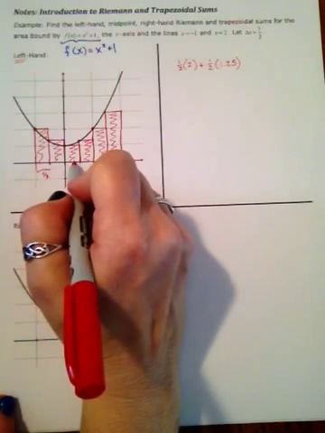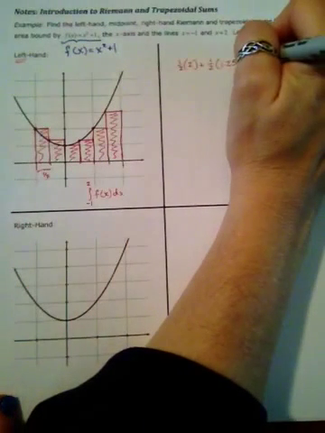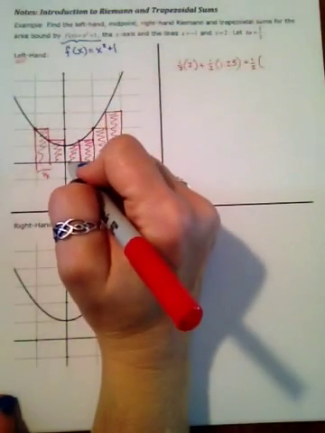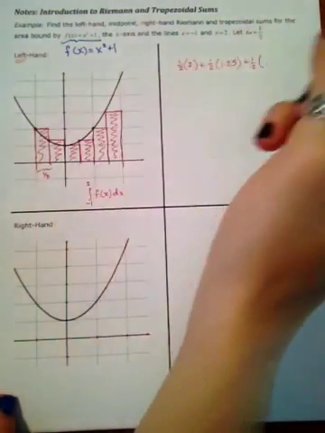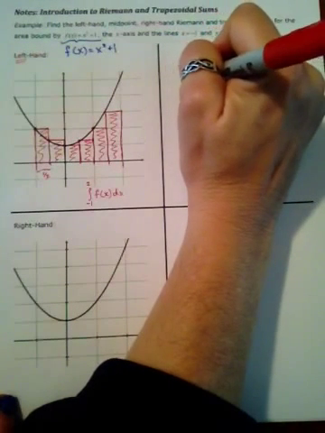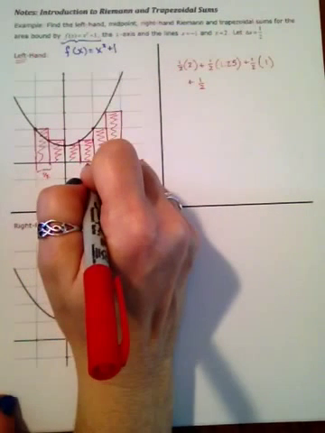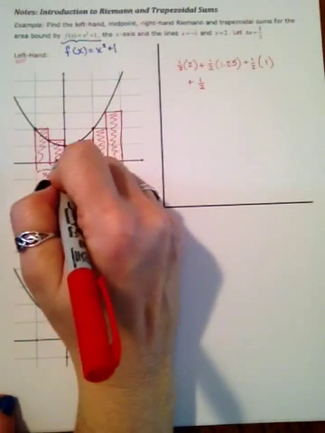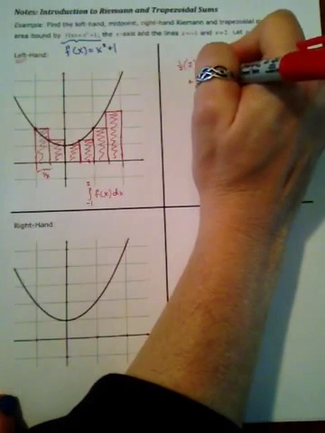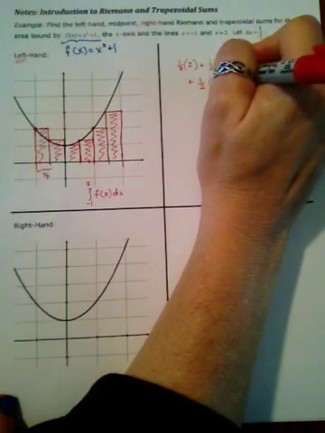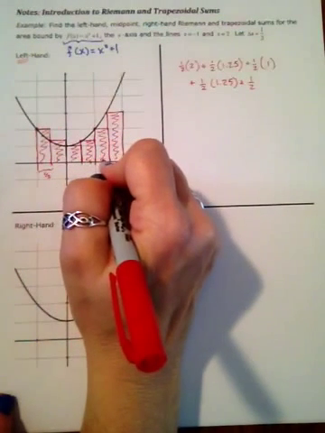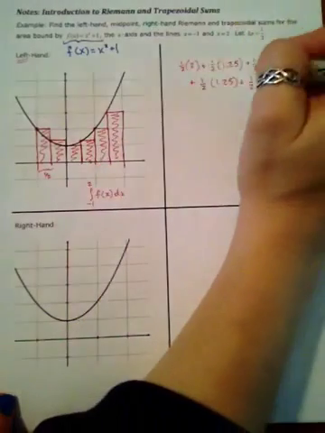My next rectangle has a base of 1/2, and the height when x equals 0 is 1. My next rectangle also has a base of 1/2, and it has the same height as the one over here. When I plug in 1/2, I get 1.25. Then a base of 1/2 for my next one, and it has a height of 2.